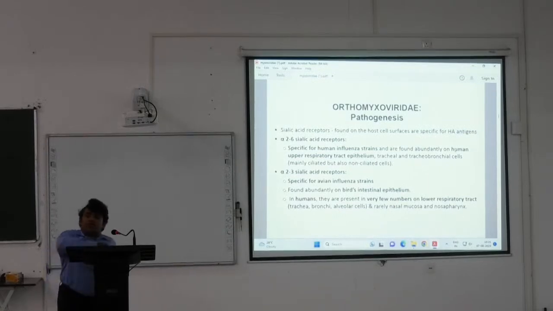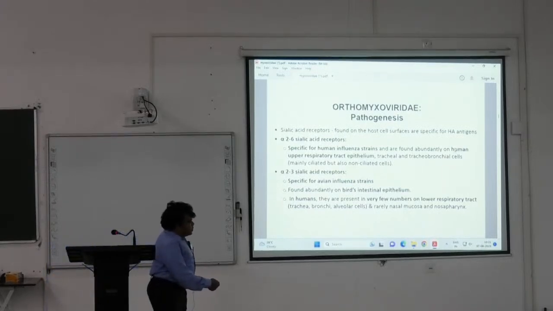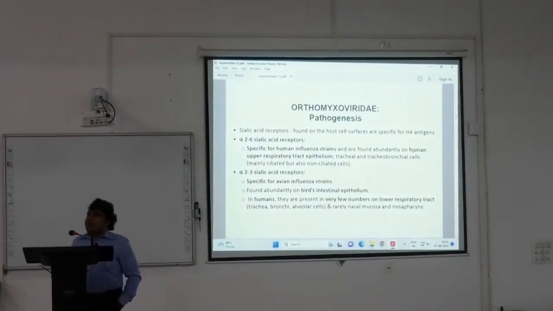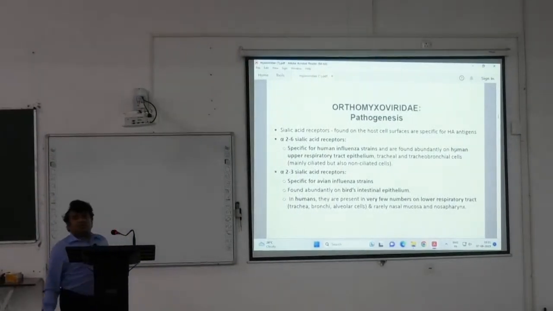Hence, all the influenza viruses capable of human infection have receptors which can bind with the alpha 2,6 sialic acid receptor. Alpha 2,3 receptors are present in birds in the intestinal epithelium. And also look over here, it is present in humans in very small number in trachea, bronchi and alveolar cells. This is the reason why some of the avian influenza viruses can infect human beings.